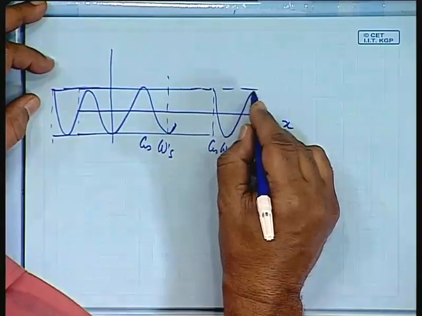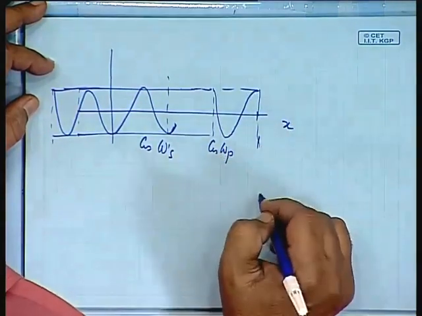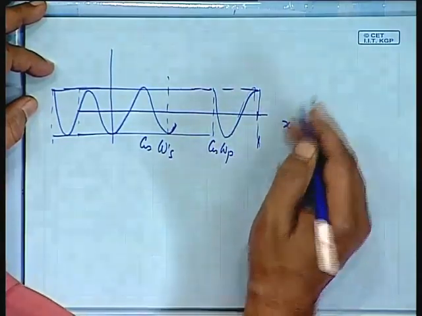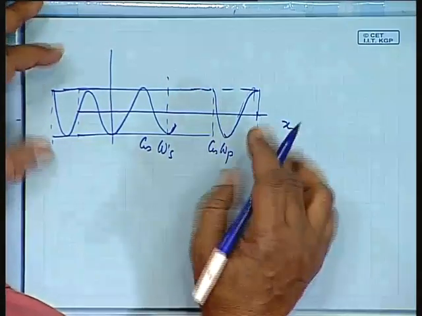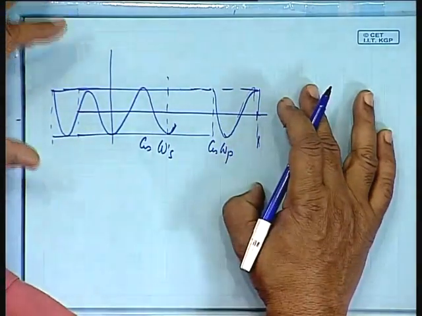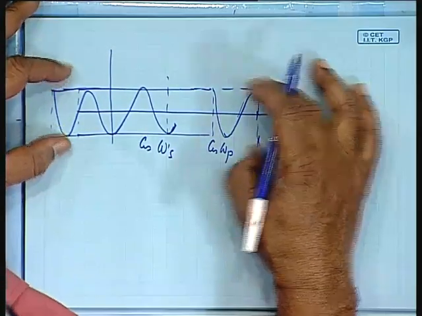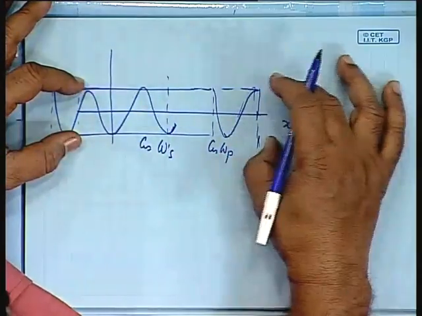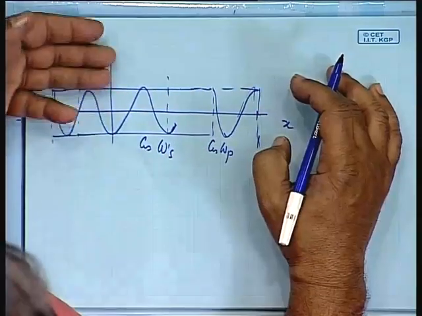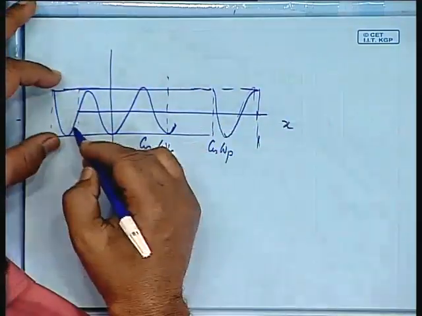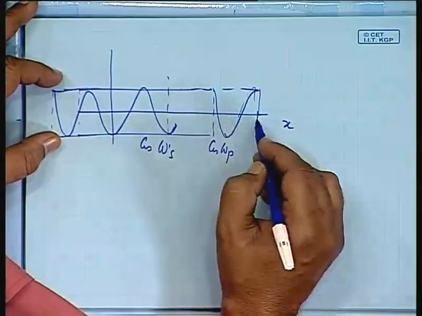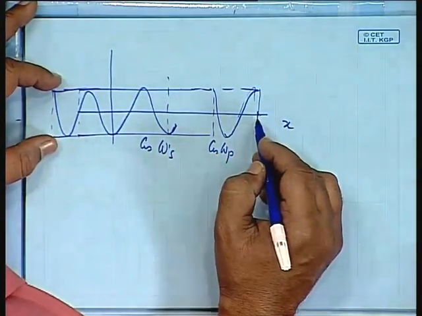It may be like this, or it could have been this way also. What I mean is that after multiplying by that weighting factor Wx, the modified weighted error varies between plus 1 and minus 1. It is this function which is of our interest.